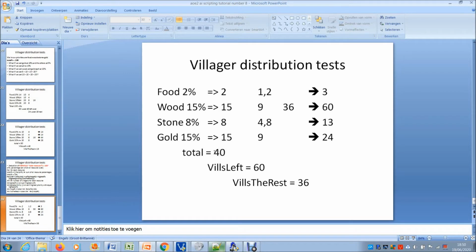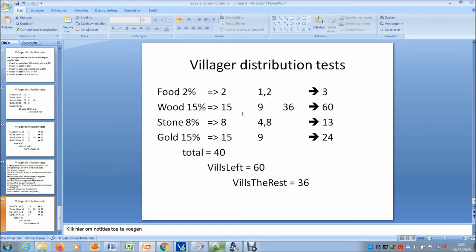With the 100 villagers, 2% is 2, 15% is 15, 8, 15. That totals 40, which means that 60 vills are left. 2% of 60 is 1.2, 15% of 60 is 9, 8% of 60 is 4.8, and 15% of 60 is also 9, of course. If you count all this together, of the 60 you have 36 left, because 9 and 9 is 18, plus 5 is 23, 24. 60 minus 24 is 36.